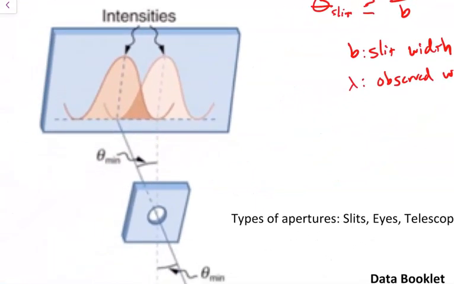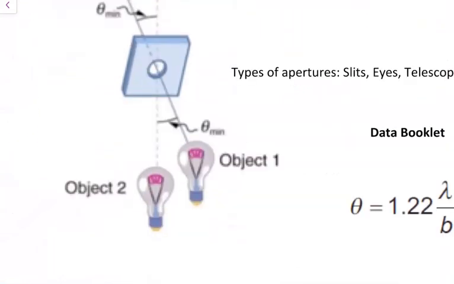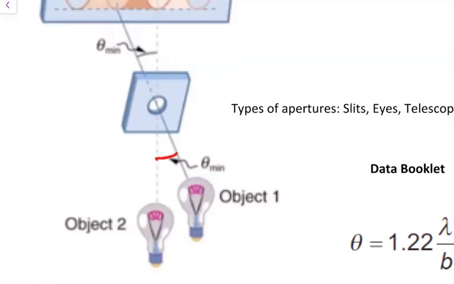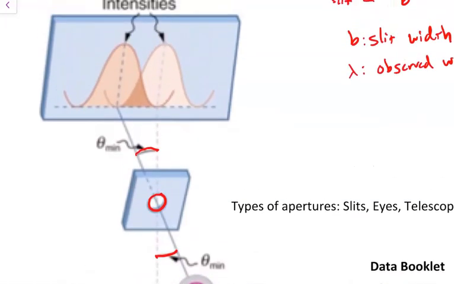So when looking at that on a screen, what does that look like? Well, if there are two objects separated by some angle theta, that theta angle should be equal on the opposite side of the aperture, the circular aperture, which in this case is a circle. And when we observe their interference patterns on a screen, we would see that the central max to first minimum are equidistant from each other.